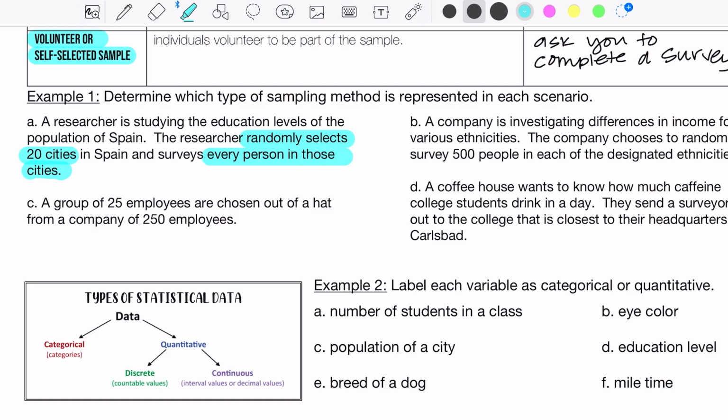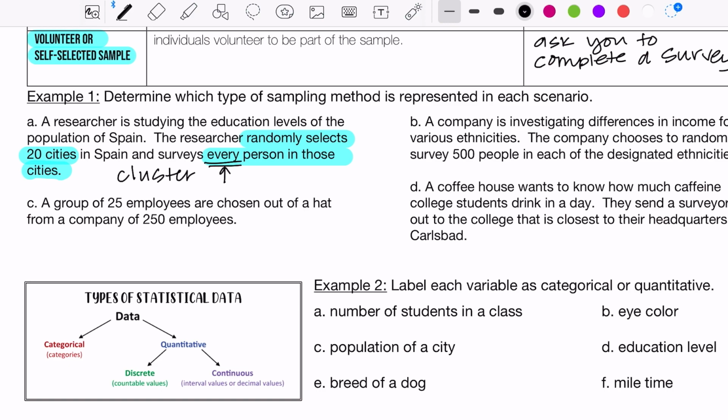They've broken up the cities into groups. So the groups are the cities, and then they're going to take 20 cities, and then they're going to ask every person in that city, which is basically impossible. But that phrase every person tells us that they're not sampling some from all. They're doing all the people, or every person, from some of the groups. So this is going to be the cluster. Look for that word for cluster.